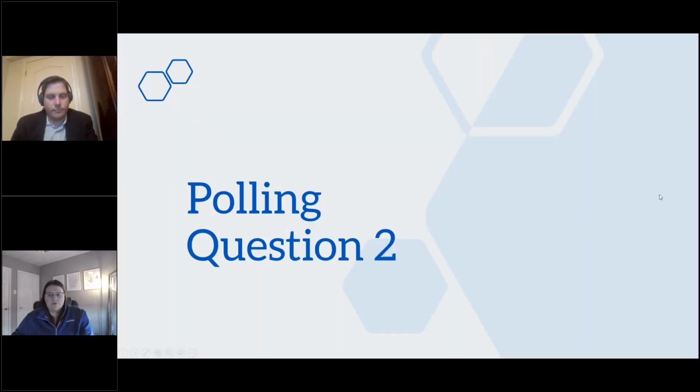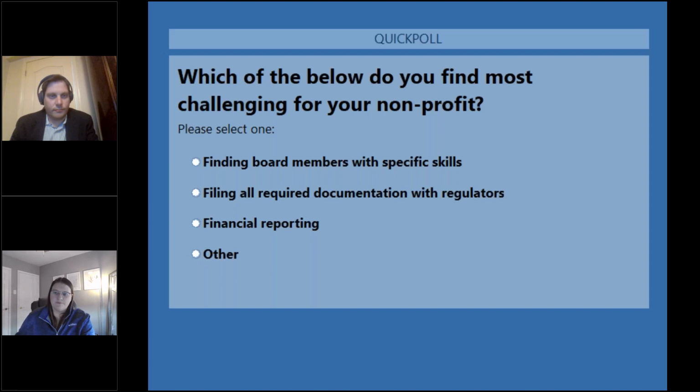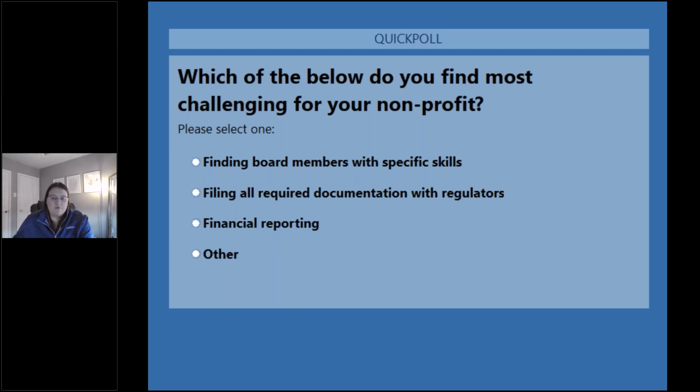Before we do that, we will do polling question number 2. All right, perfect. So which of the below do you find most challenging? Finding board members with specific skills, filing all the required documentation with regulators, financial reporting, or some other issue?